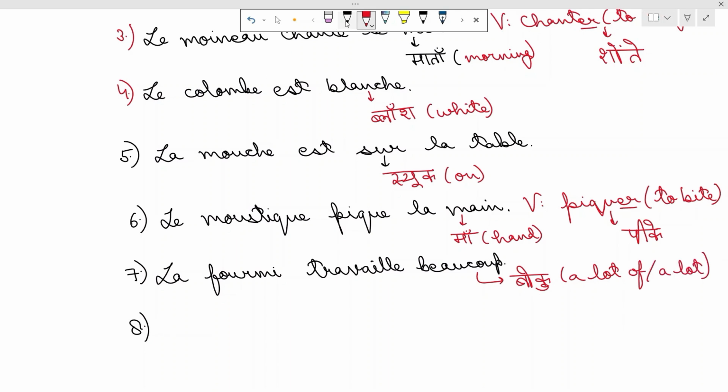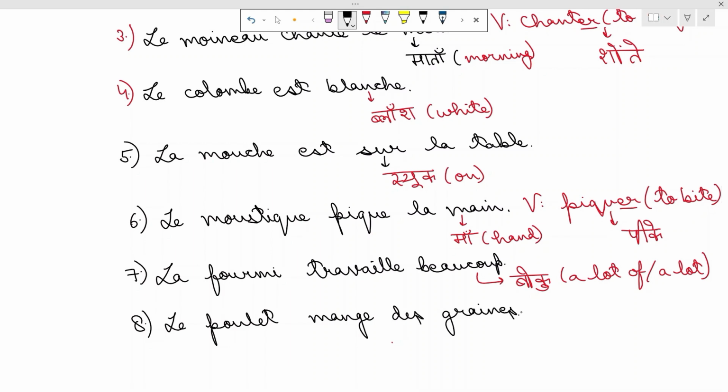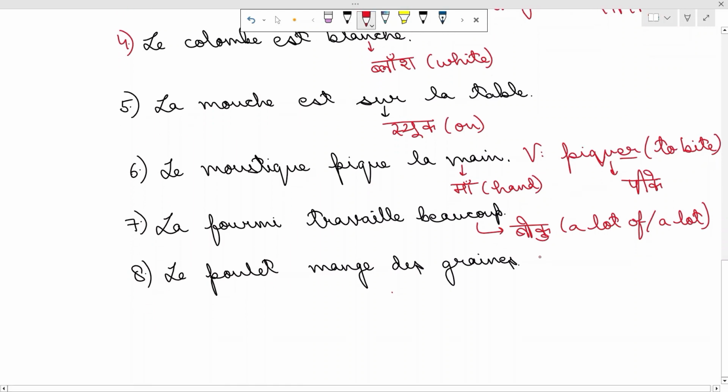The eighth sentence is, this is the last sentence. Le poulet mange des graines. The verb over here is manger, which means to eat.